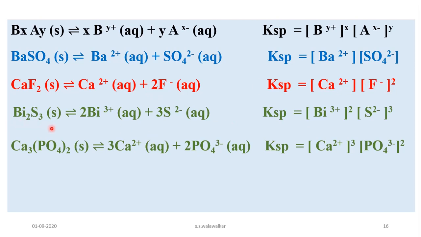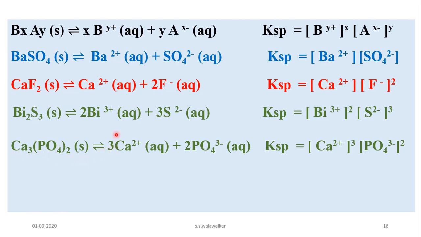Then bismuth sulfide, Bi2S3, when dissociated, gives you 2 moles of bismuth ions and 3 moles of sulfide ions in the solution. So at equilibrium, Ksp is equal to the concentration of bismuth ion raised to 2 into the concentration of sulfide ion raised to power 3. Like that, calcium phosphate, Ca3(PO4)2.